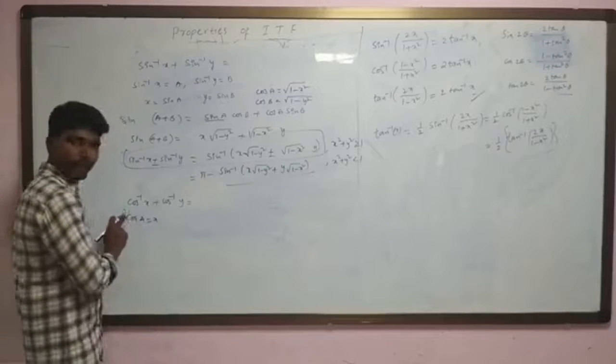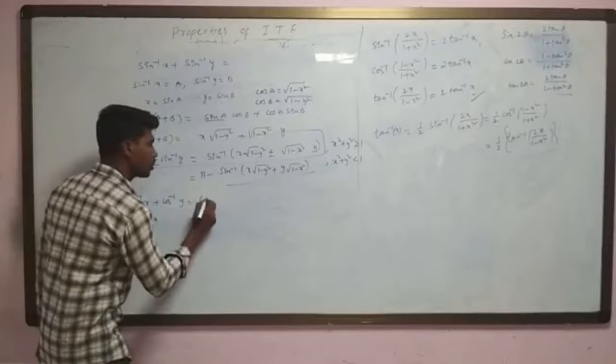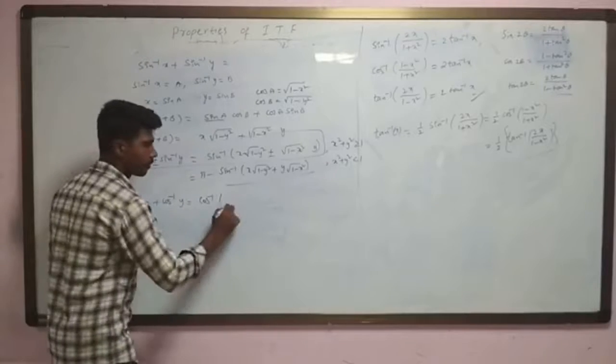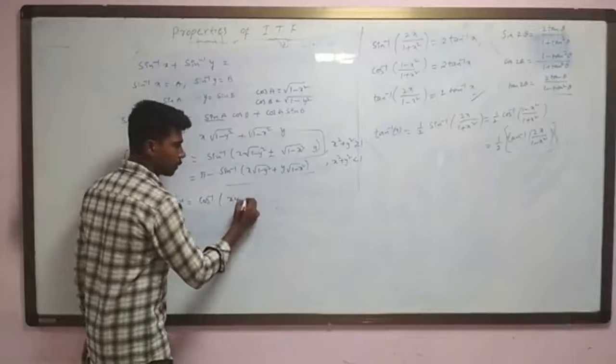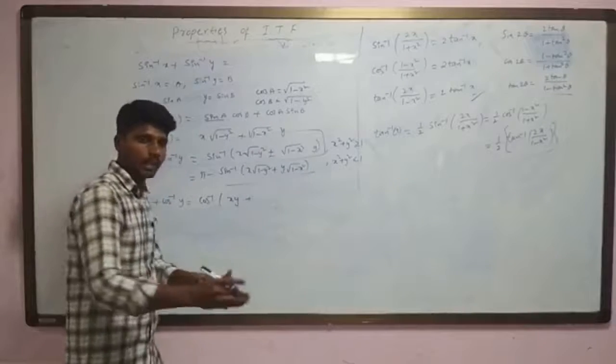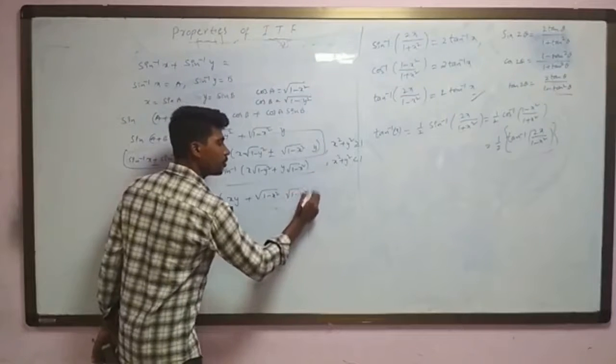So from that, what can I write? Cos inverse x plus cos inverse y is equal to cos inverse of cos a cos b minus sin a sin b, which is nothing but xy minus root of 1 minus x square into 1 minus y square.